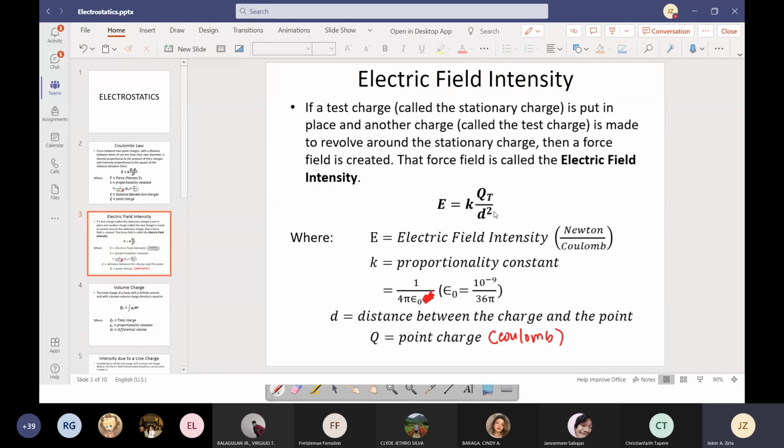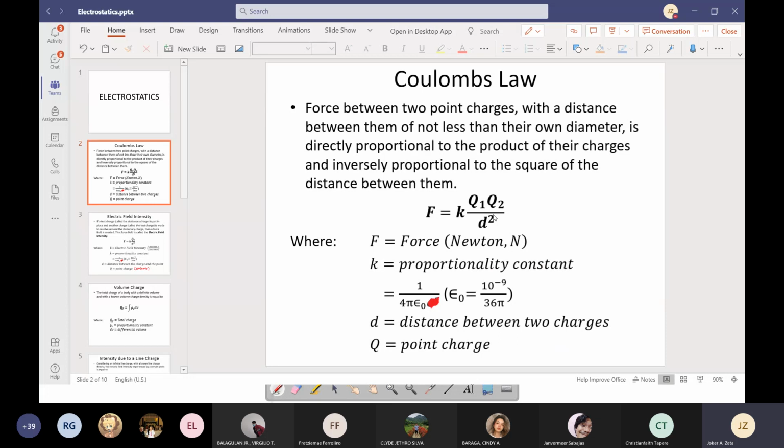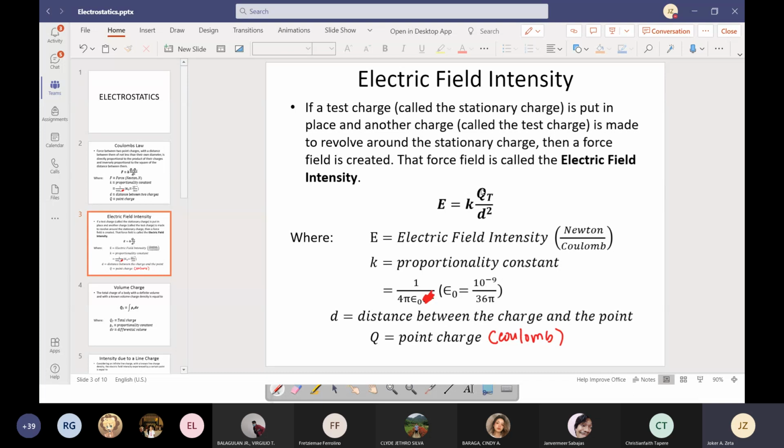As you can see, it's the same as the formula of Coulomb's law. The difference is that Coulomb's law has two charges, while electric field intensity has just one. What we only consider is the charge at the center, the stationary charge.